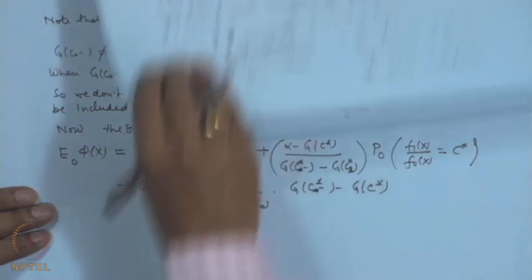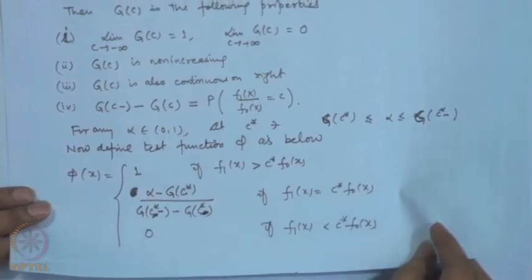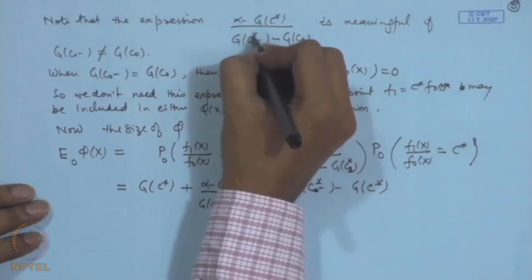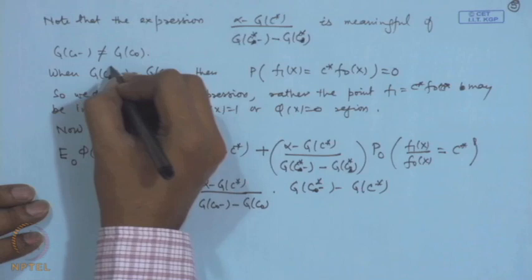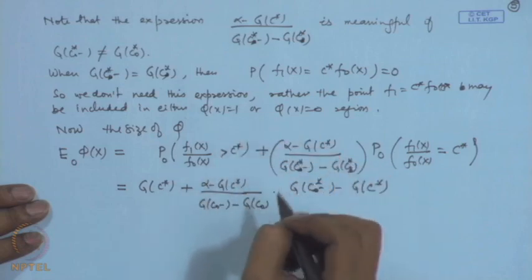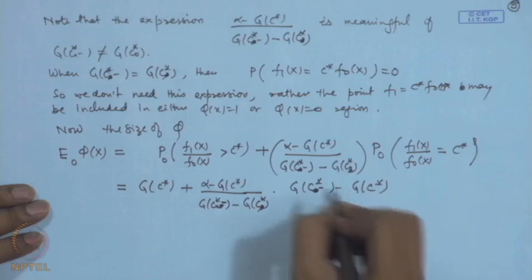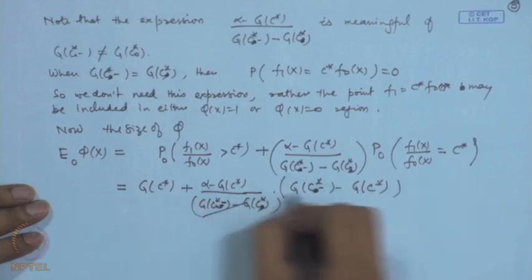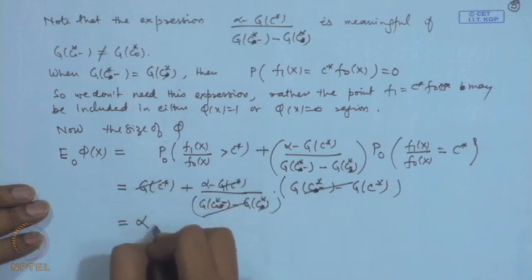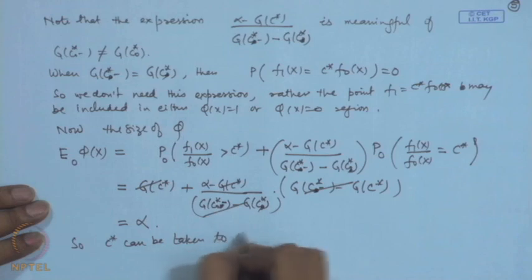There is a mistake here, this should be star, this is a star. Similarly, this should be star, this should be star here. Naturally, this cancels out and then this cancels out. So, this is equal to alpha. So, c star can be taken to be K in expression 2.